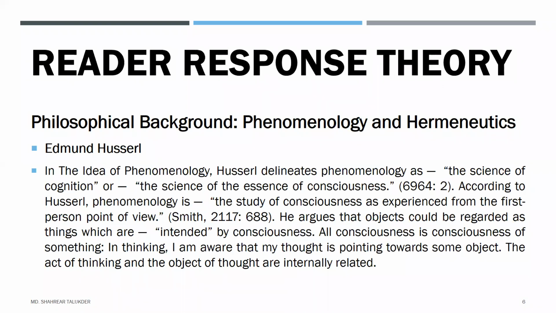Now he argues that objects could be regarded as things which are intended by consciousness. So if you want to experience something, and you intend to experience that, then that is a very conscious process. For example, you want to eat some kind of fast food.